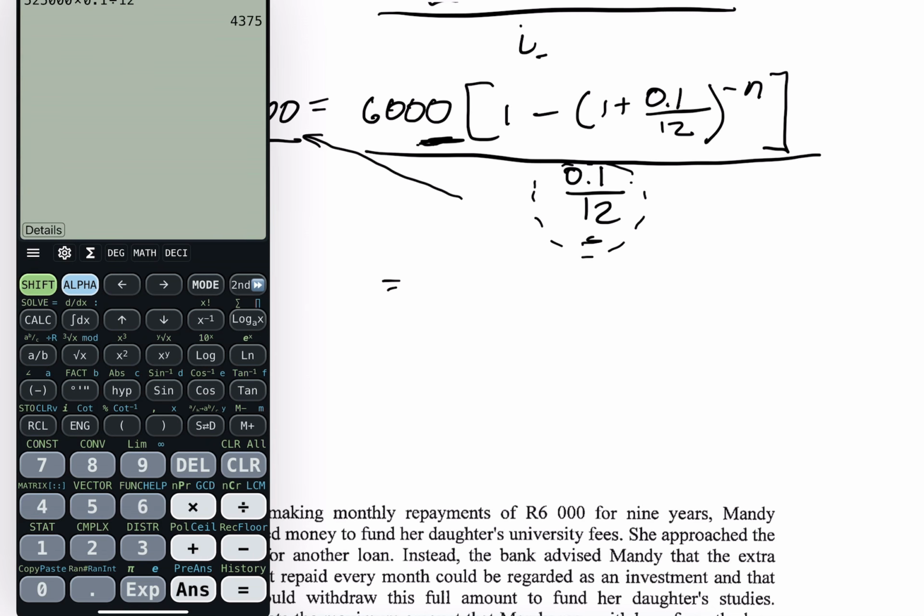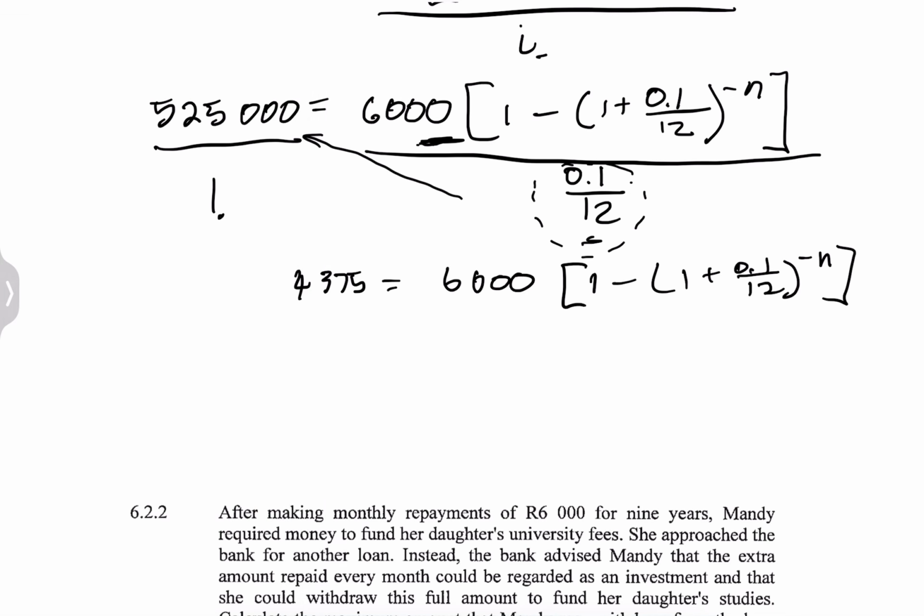Okay, so obviously I am going to get that 4,375 is equal to 6,000 times (1 minus (1 plus 0.1 over 12) to the power of minus n). I might as well just take you through this because I know many of you struggle when it comes to this portion. What am I going to do this time?